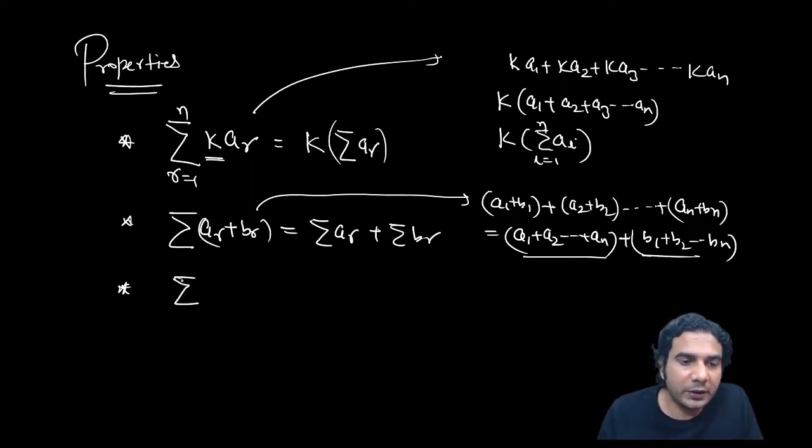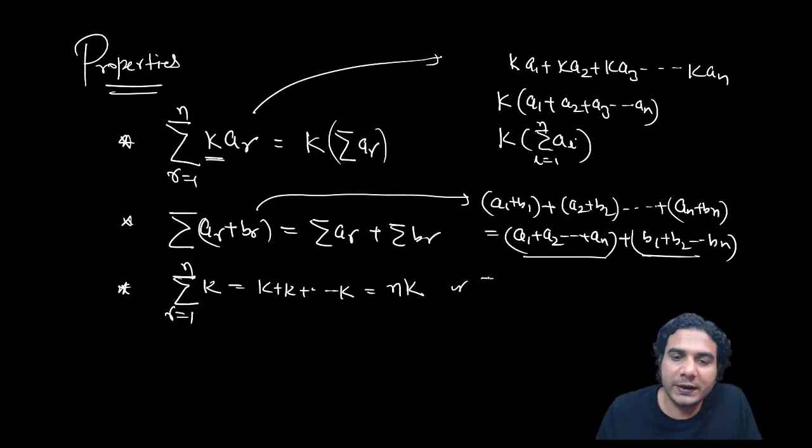Now if you have sigma of some constant k, then what is this? See, this is independent of r, r from 1 to n. Since it is independent of r, you are adding this constant, so it is k plus k plus k, n times. That means n into k, you can directly write. Or you can use sigma of 1, r from 1 to n. If it is a constant, sigma 1 means you are adding 1 plus 1 plus 1, n times, so it is nothing but n.